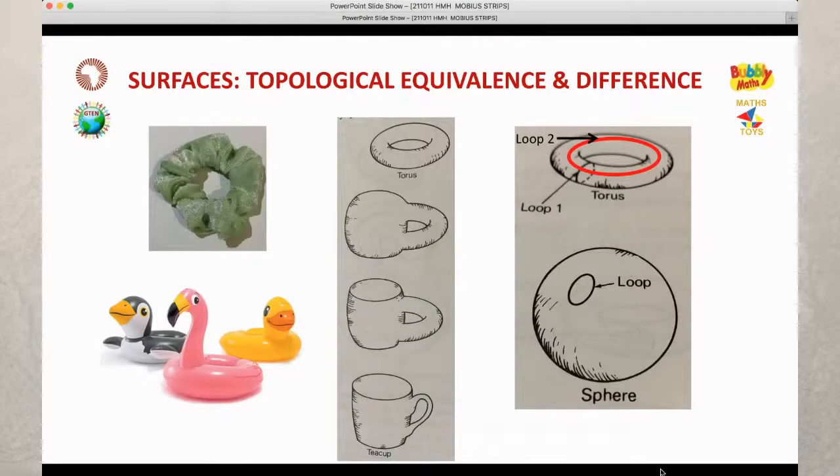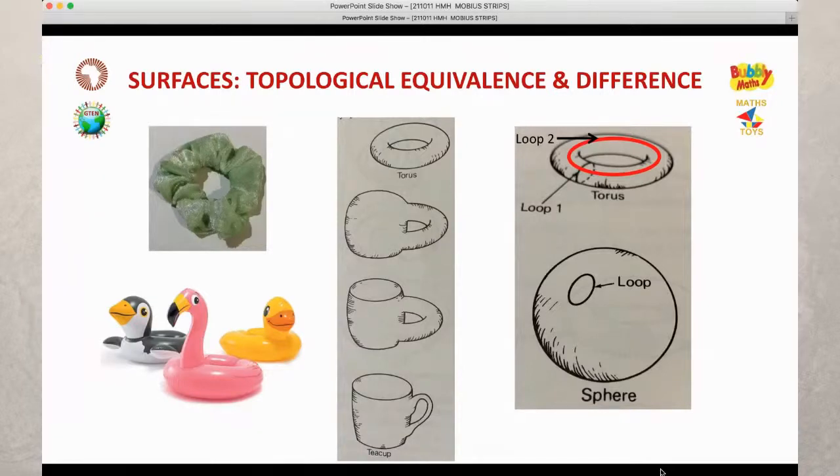So if you start off with a ring or a torus, a mathematical word for it, like the hairband there, or the sort of ring you have to stop you sinking if you're not a good swimmer, the floating ring.